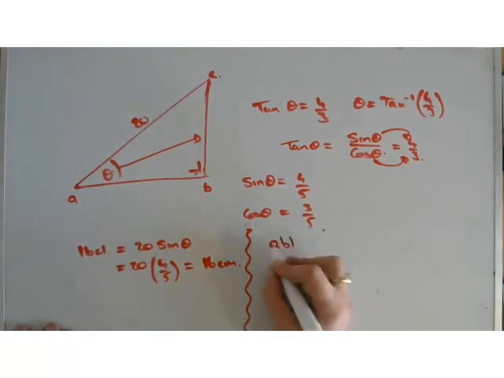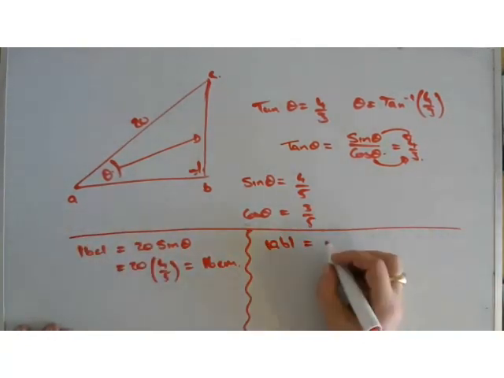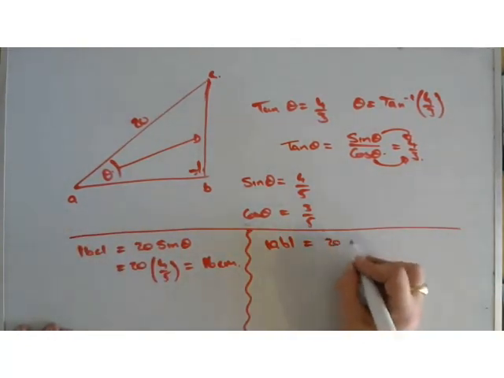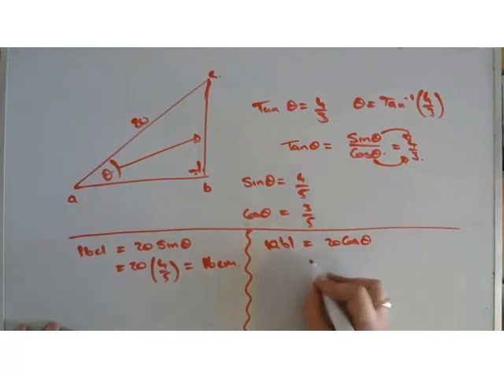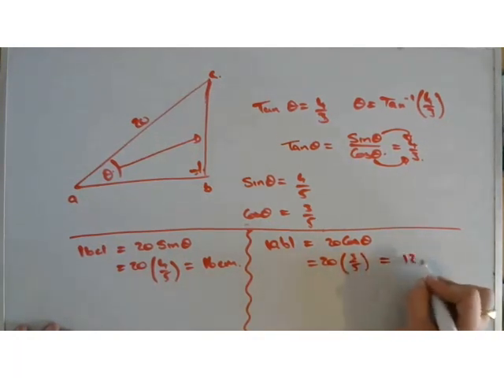And AB is the other one that's beside the angle, so that's 20 cos theta, which is 20 times 3/5, which is 12 centimeters.